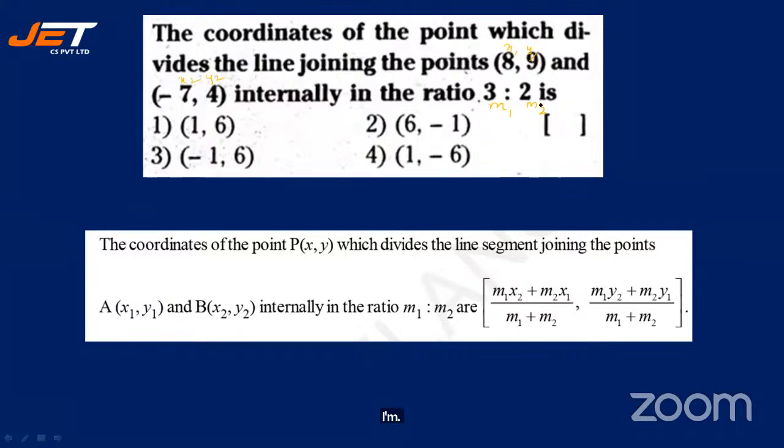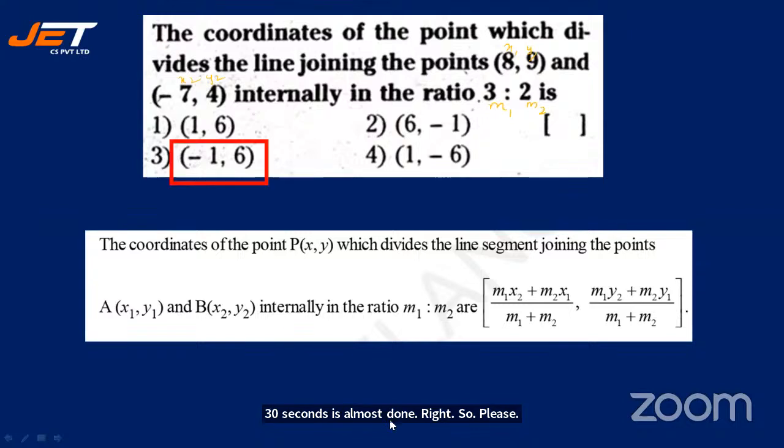Okay. Quickly do it and then give me the answers. 30 seconds is almost done, right? So please work it out fast and let's move to the answer.